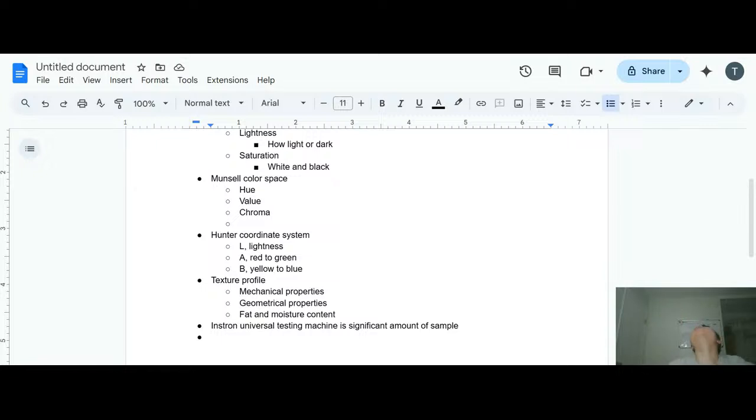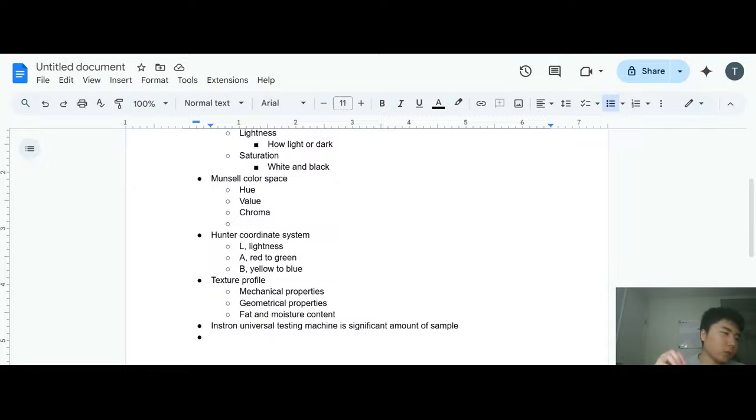We used the Bostwick viscometer when we measured the viscosity of tomato can in lab 5 or 6, I forgot. And next, Warner-Bratzler shear is measuring hardness, like trying twice, first bite, second bite.